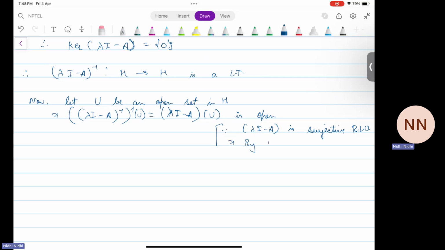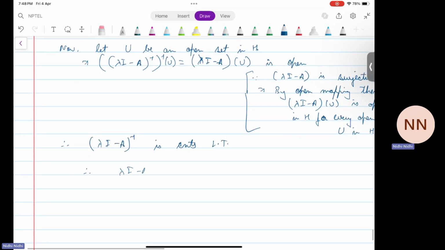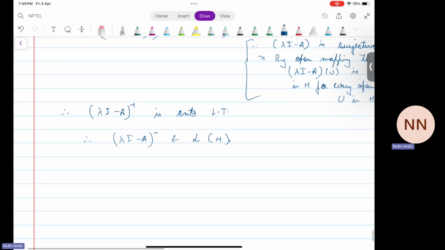This implies by the open mapping theorem that it is an open map, and hence (lambda I minus A)(U) is open in H for every open set U in H. And hence (lambda I minus A) inverse is a continuous linear transformation. Therefore, (lambda I minus A) inverse belongs to the space of all bounded linear operators defined on the Hilbert space H. Therefore, lambda I minus A is invertible in L(H).